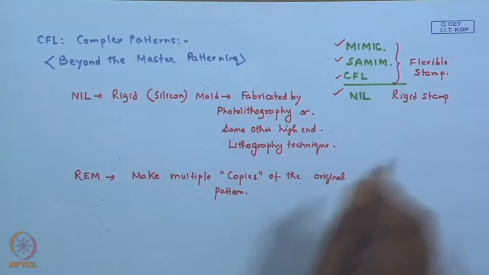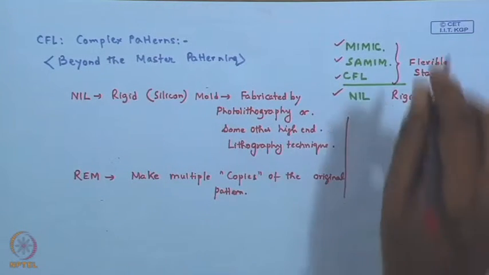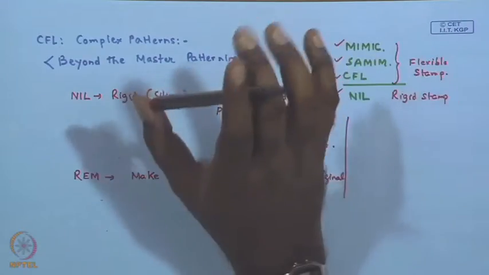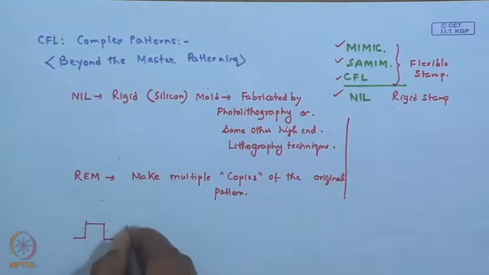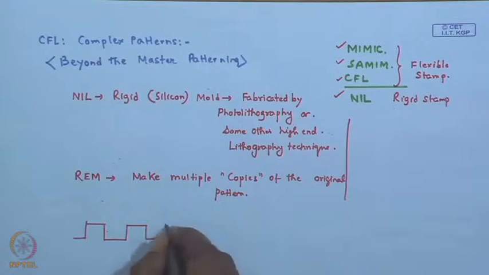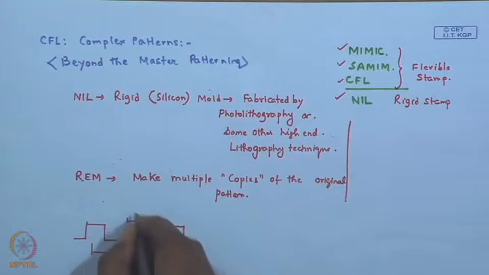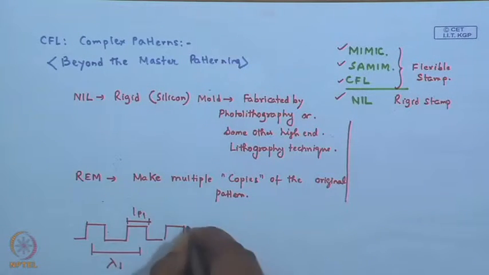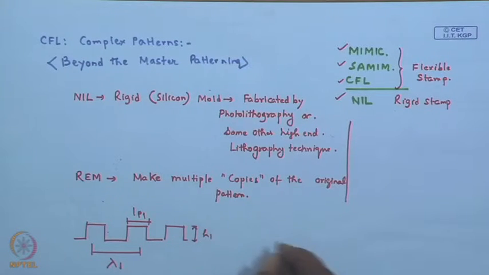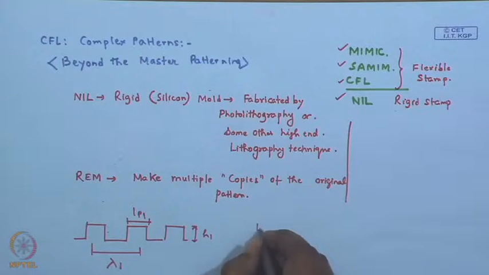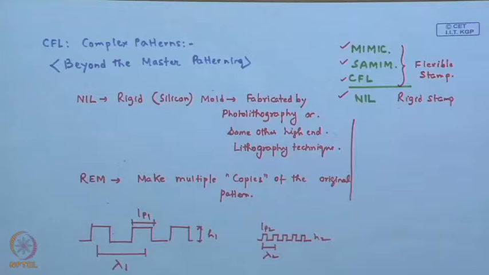Okay. But then again you have to understand one specific thing. For every design of structure you want to make, suppose you want to make these two types of structures by soft lithography, let us say this has a periodicity of lambda 1, line width of LP1 and height of H1, versus this one.